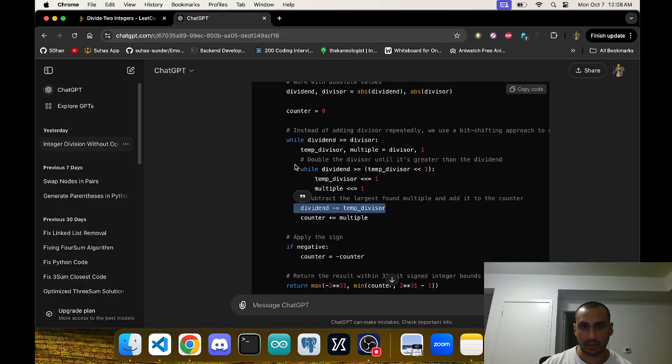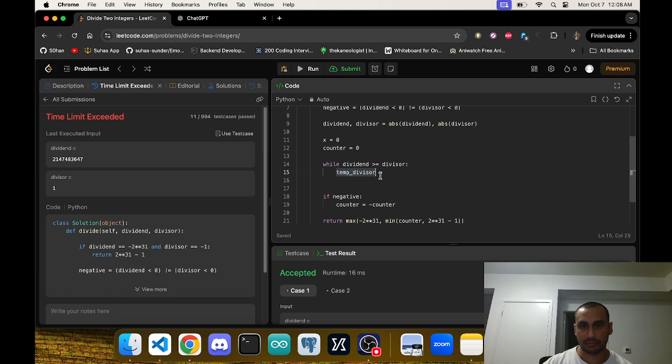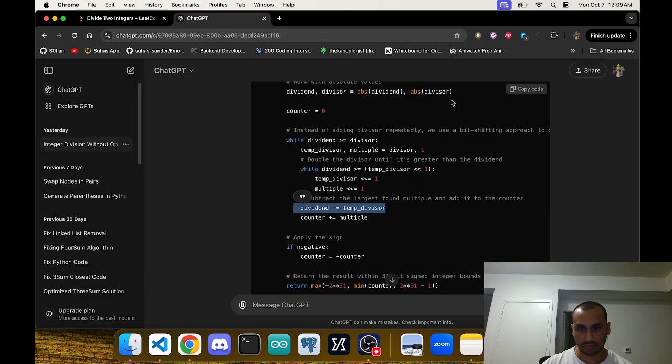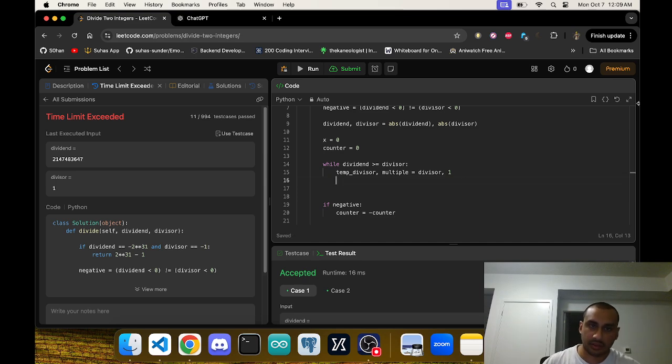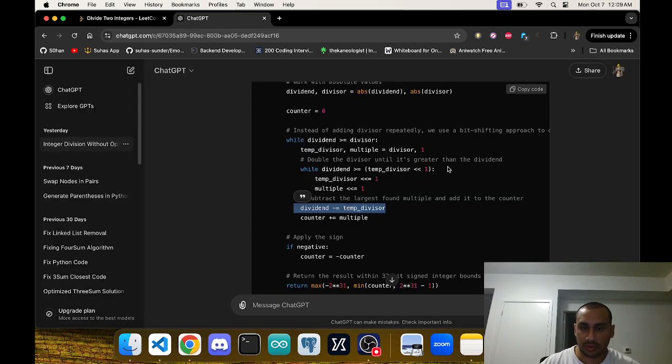Temp divisor, multiple. And then temp divisor is the divisor, and 1 is the multiple. So every time we do that, we get a multiple by x.